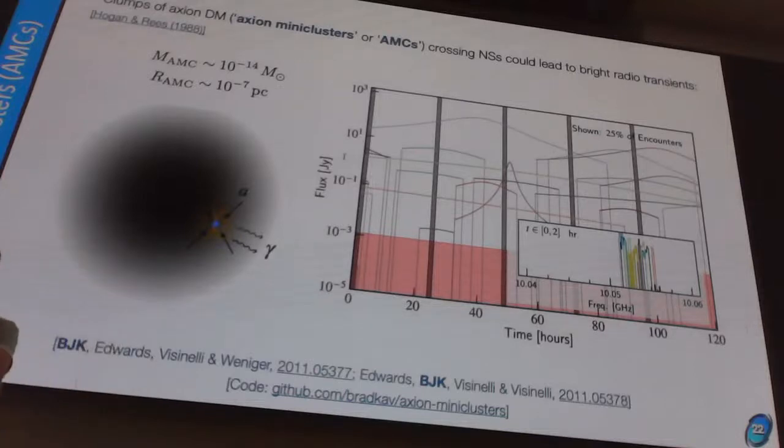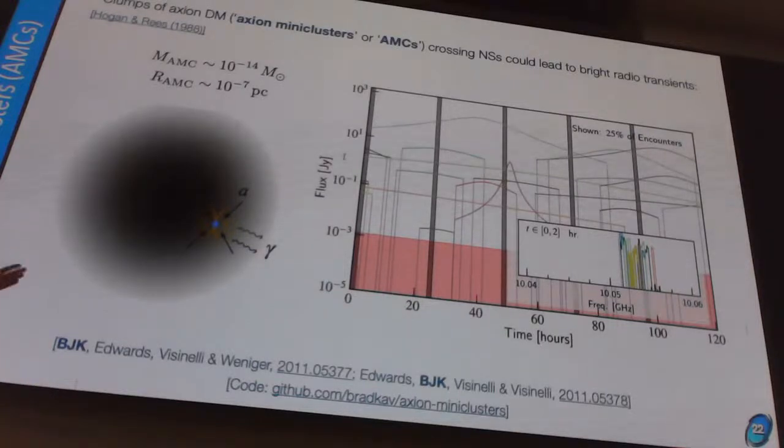In fact, you have clumps or mini clusters of axions, just from the time and the way that these things form. And so what we did in a couple of papers a couple of years ago now was think about what happens when one of these clumps of axions passes through a neutron star, or rather the other way around, because the neutron stars are very compact compared to the axion mini clusters.